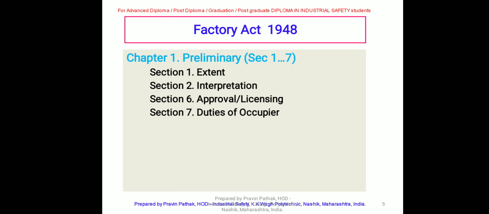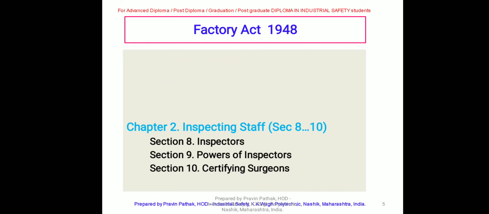Chapter 1 is titled preliminary, and there are 7 sections in it. Under these 7 sections, there are some important sections like section 1 extent, section 2 interpretation, section 6 approval or licensing, and section 7 duties of occupier, etc. Each chapter contains some sections, and every section focuses on a particular topic or subtopic, and the detailing is given under that section.